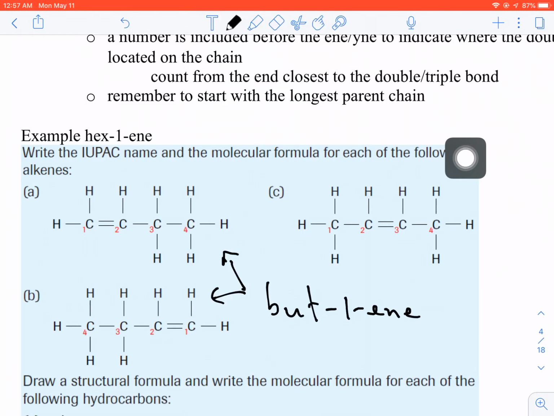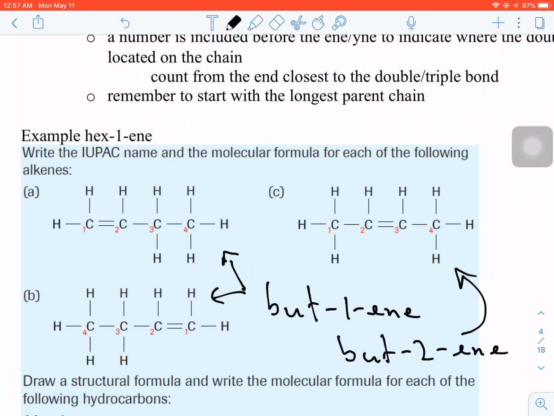This molecule here actually has the double bond after the second carbon. So this molecule up here becomes but-2-ene. Right? That's what happens when I end up with a double bond, ene, after the second carbon. So I now have a way to name molecules that have double bonds based upon where the double bond is located in the molecule.